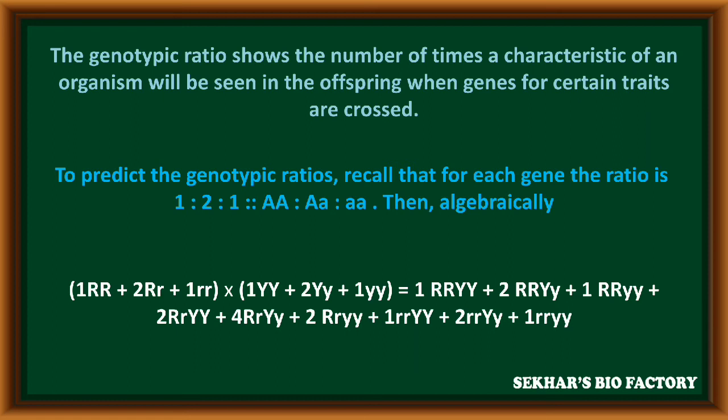It is equal to 1 capital R capital Y plus 2 capital R capital Y small y plus 1 capital R small y plus 2 capital R small r capital Y plus 4 capital R small r capital Y small y plus 2 capital R small r small y plus 1 small r capital Y plus 2 small r capital Y small y and 1 small r small y. With this formula, we get the genotypic ratio of dihybrid cross.